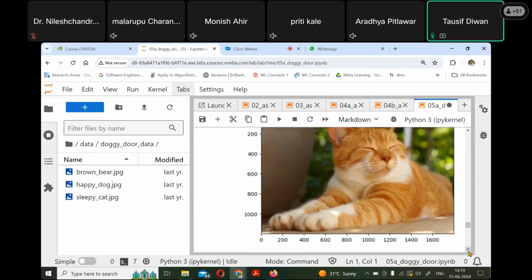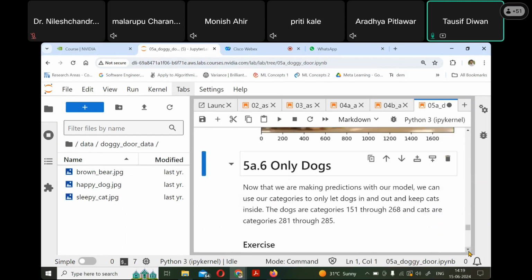Fine. Now, just imagine that suppose we are interested in constructing a classification, or constructing a model that recognizes dogs.